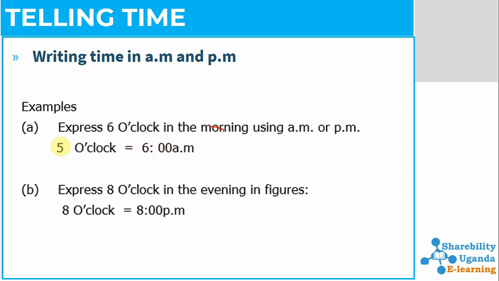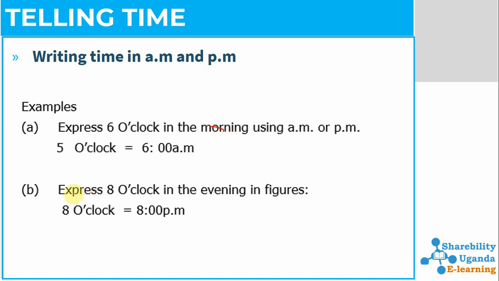That's why they are saying 6 o'clock is equal to 6 a.m. They just write 6, then dot dot, then the minutes. This amplifies the minutes, and then this amplifies the time duration. Was it morning or evening? Since they put morning here, it corresponds to the morning.